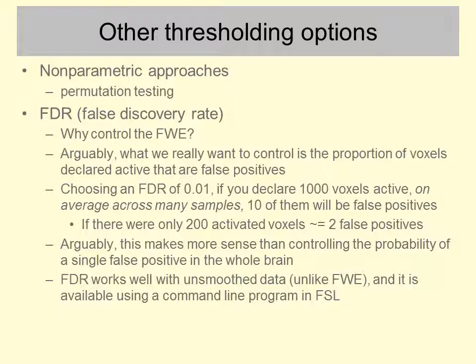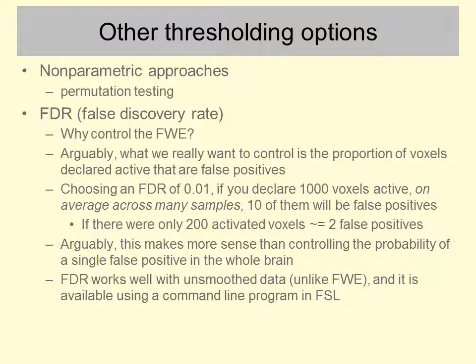So if we choose a false discovery rate of 0.01 and we're declaring 1,000 voxels active, then on average across many repetitions of this experiment, 10 of them would be false positives. Note, there's no guarantee that in this particular experiment you've got an exact false discovery rate of 0.01. The guarantee is that on average across many repetitions of the experiment, that would be your false discovery rate.